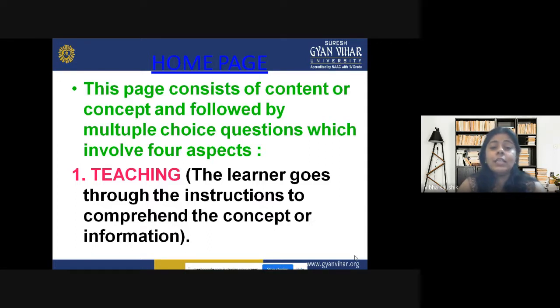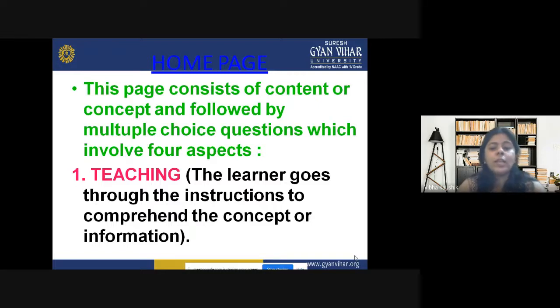It includes all the content or concept which we are going to teach to the learners, and after the content has been shared by the programmer, it will include multiple choice questions, which involve four aspects.